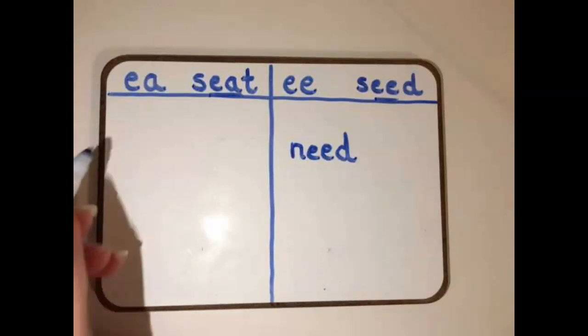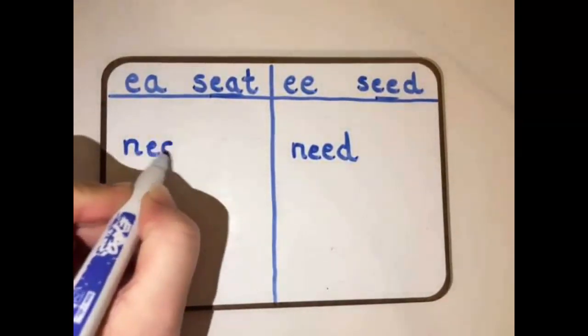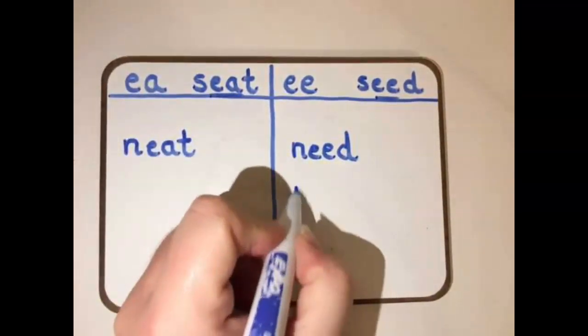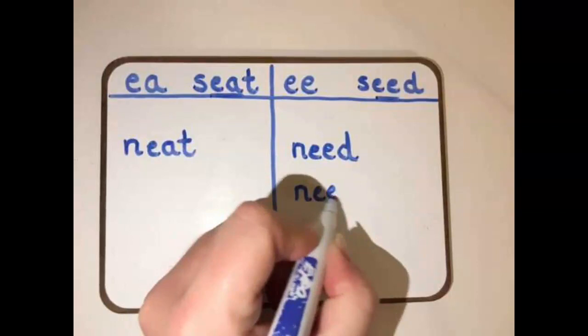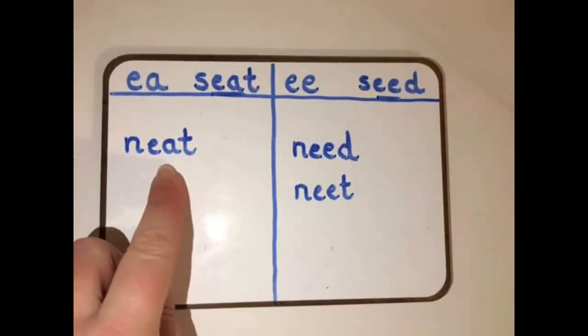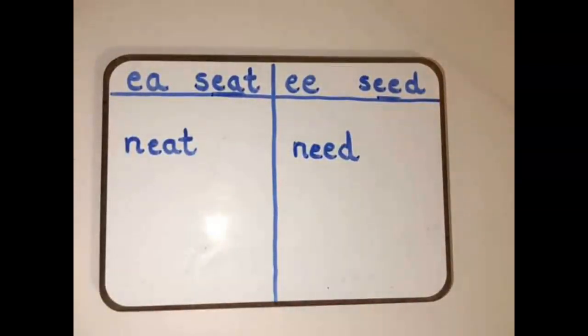All right, so let's try neat on this side. Neat. And let's try it on this side. Neat. Which one looks correct to you? It is the EA version. So the EE is not correct, so we will take that one off. Okay?